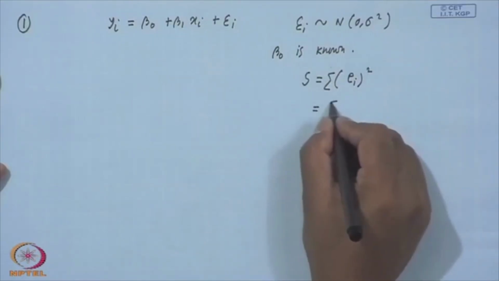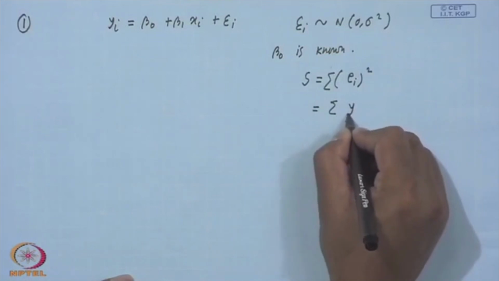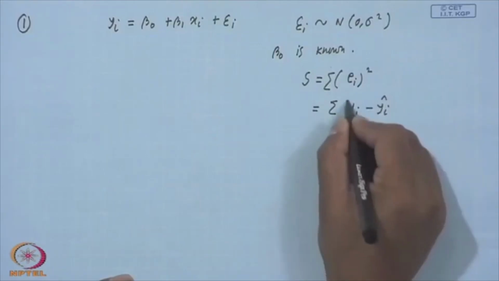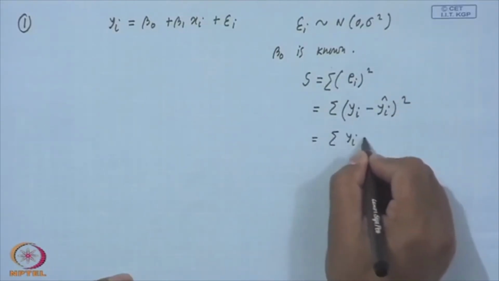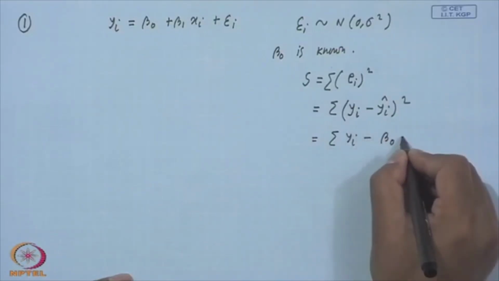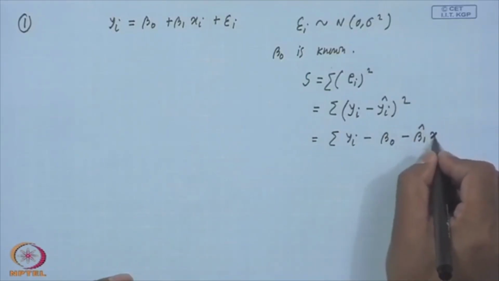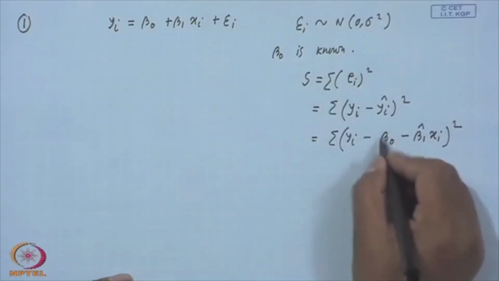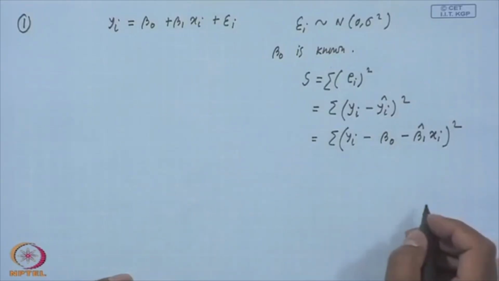What is e i square? e i square is y i minus y i hat square, and y i minus y i hat is y i minus beta naught minus beta 1 hat x i. So, see here I did not put a hat on beta naught, because this is the parameter we do not need to estimate, we have to estimate only beta 1.